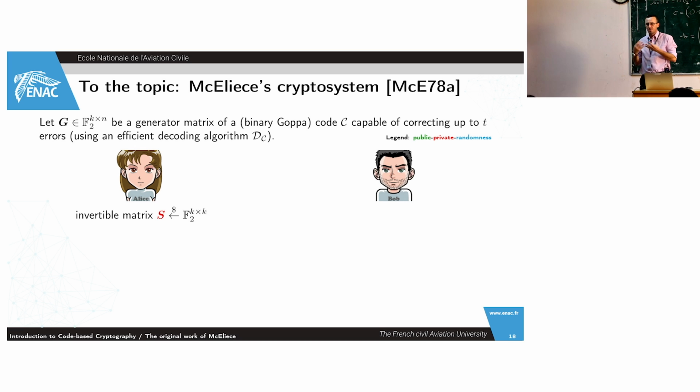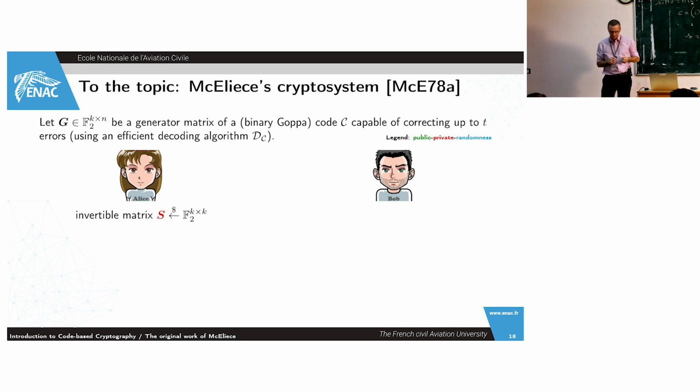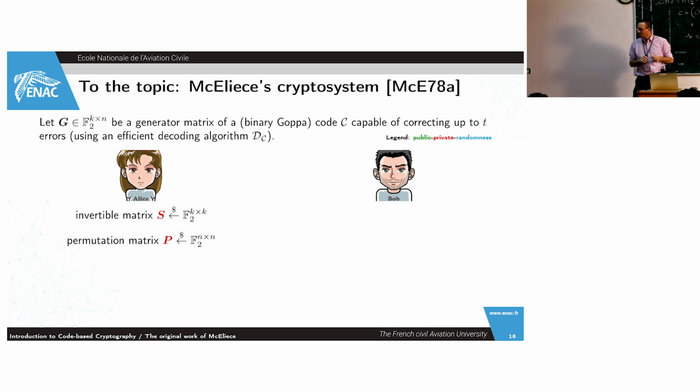Alice starts with an invertible matrix over F2 to the K times K. So it's a K by K invertible matrix over F2. She also generates at random a permutation matrix of dimension n, so it's an n times n matrix.